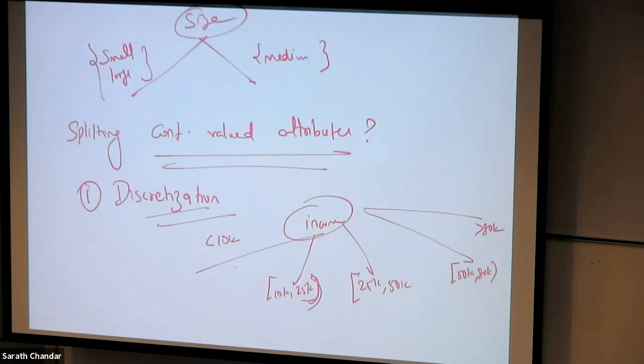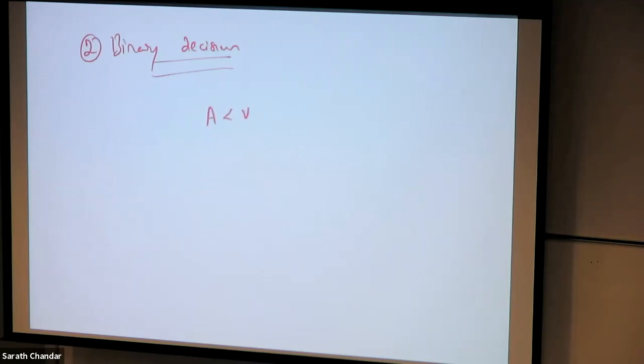How can I find this one number in this long range? Any ideas? What I want to do is make a binary decision. I want to divide the data into something less than V and something greater than or equal to V, let's say.